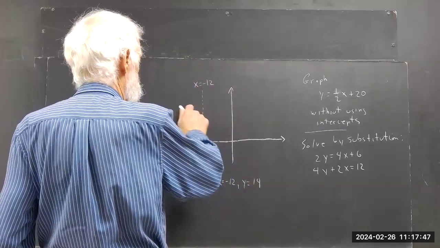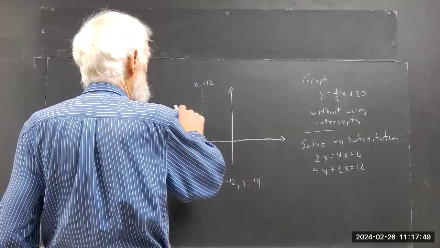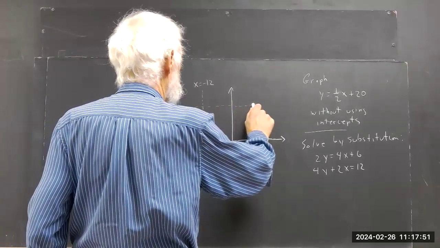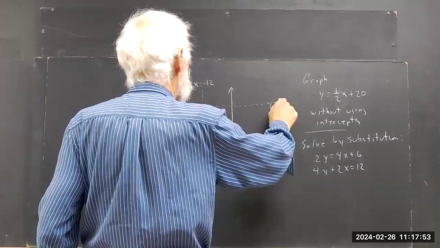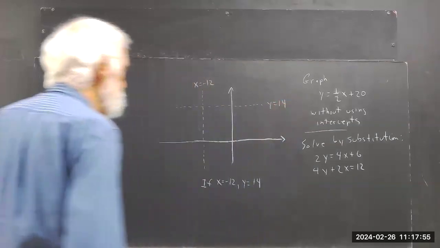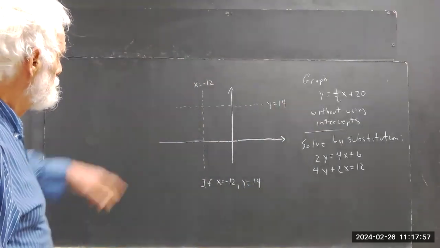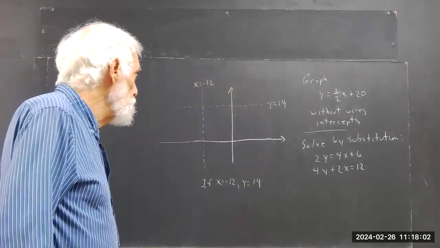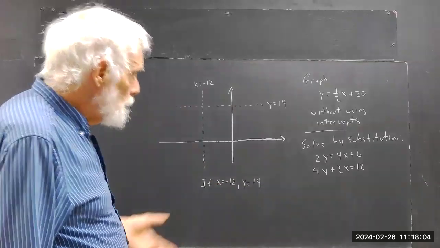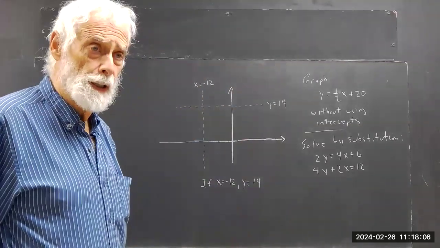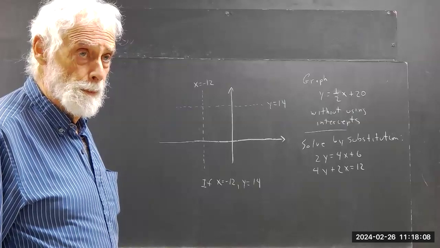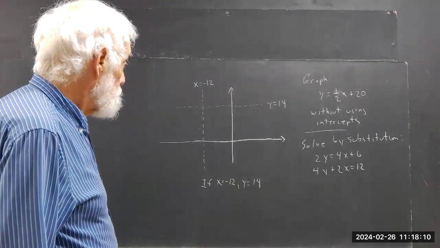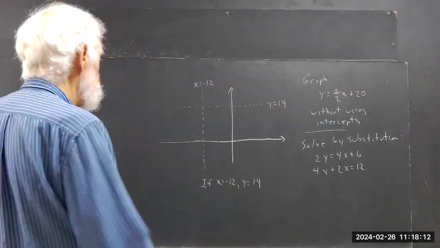So I'm going to draw a couple of dotted lines. Okay, so x equals -12 here, y equals 14 here. Now, the slope of this line is 1/2. Okay, so I can start from this point.